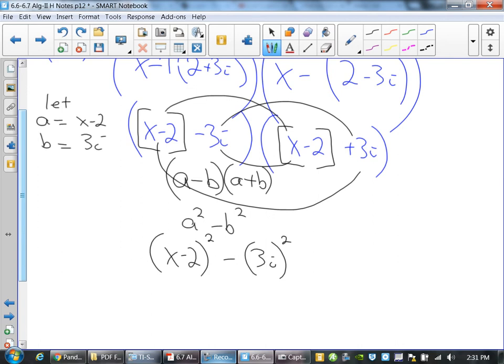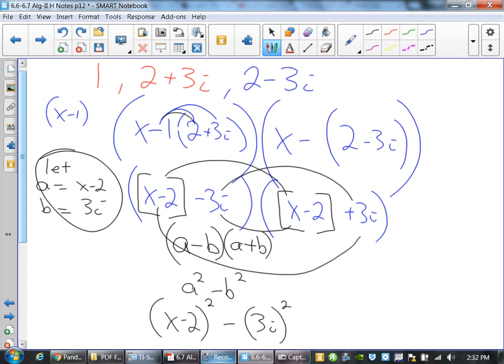The middle terms still drop, and you get the quantity x minus 2 squared minus the quantity 3i squared. You get the same idea, but you're using this little shortcut to show that it works. You don't have to write that step out. Really, the biggest trick is remembering to distribute this negative to both parts. And when you do that, you're going to get a difference of squares. First term squared minus second term squared. Works every single time.